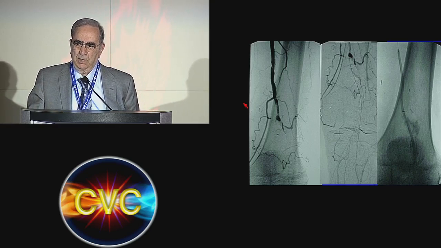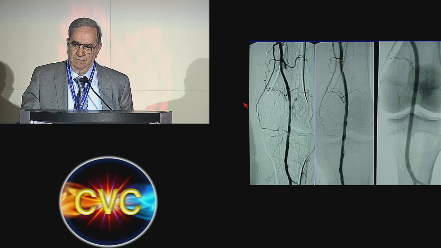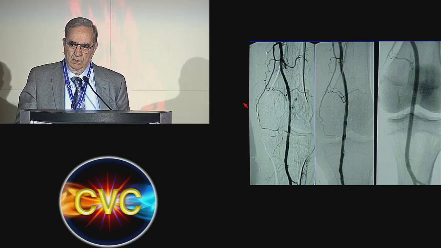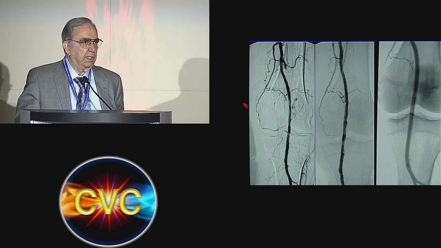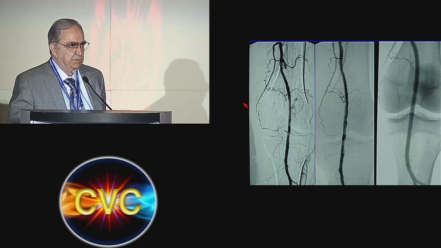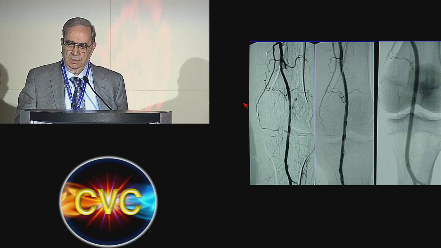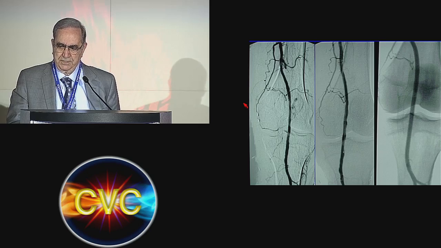But I was able to go through that and dilate the vein graft. As you see, the middle of the vein graft had a leak because it was a very bad vein. I finally put a Viabahn stent graft throughout the vein graft, and as you see, it did very well. You can see the other Viabahn next to it.